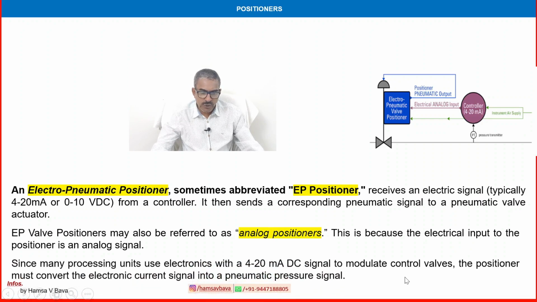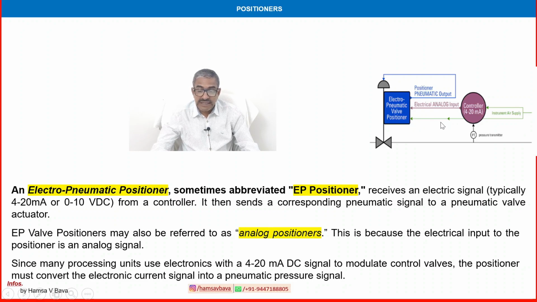Since many processing units use electronics with a 4 to 20 milliamp DC signal to modulate control valves, the positioner must convert the electronic signal to a pneumatic signal. In this case, the control valve actuator receives a pneumatic signal. So the positioner itself is a converter, an I2P converter, a transducer.